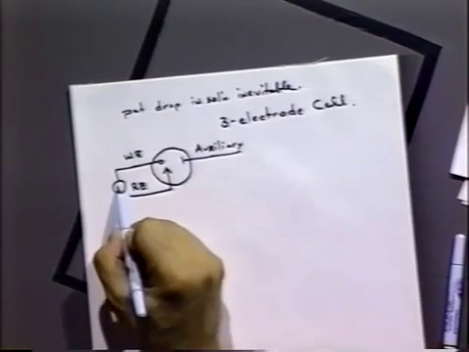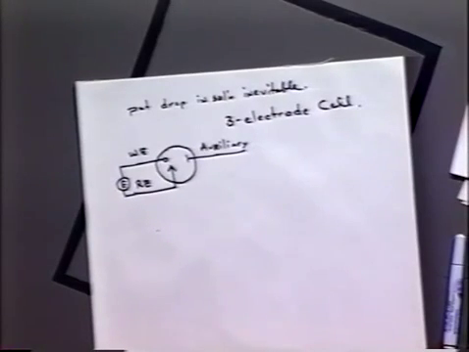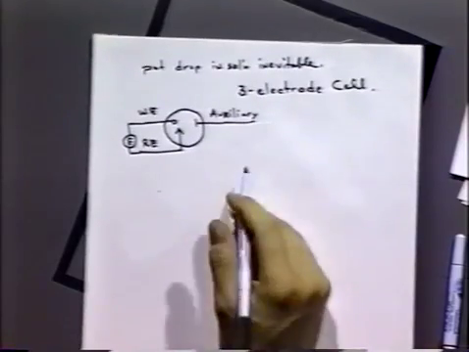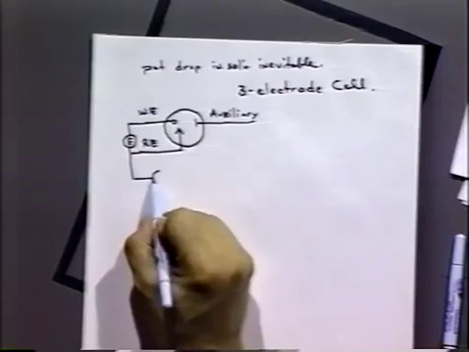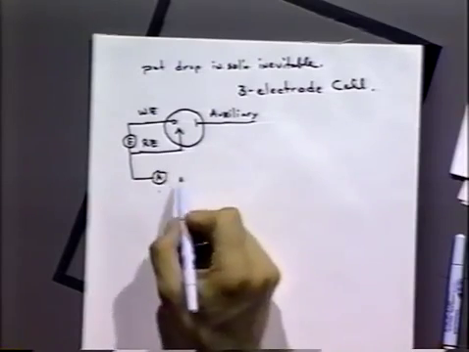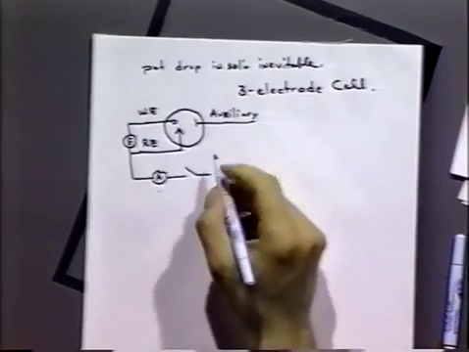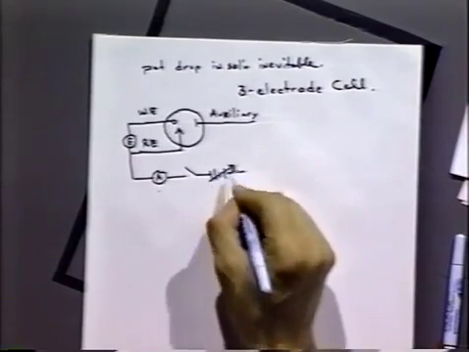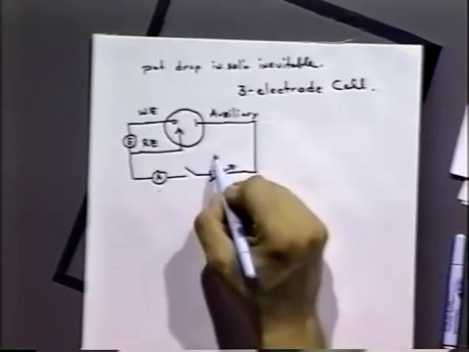Well, it turns out what we do is we put in a potential measuring device between the working electrode and the reference electrode. And then we put in an amperometric measuring device, or ammeter, in there. And we can also apply some sort of voltage by some power supply, perhaps a battery, and so on.